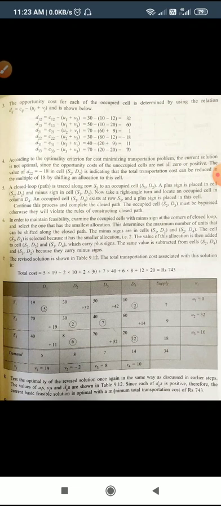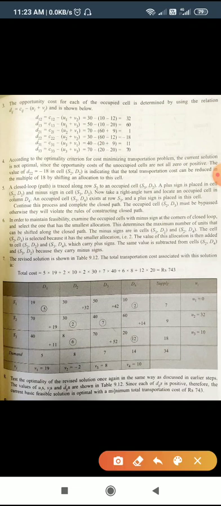Again we find u1, u2, u3, v1, v2, v3, v4, and again find the opportunity cost for the unoccupied cells. Here all unoccupied cells have positive opportunity cost, so this is the optimal solution. The optimal solution is 743.